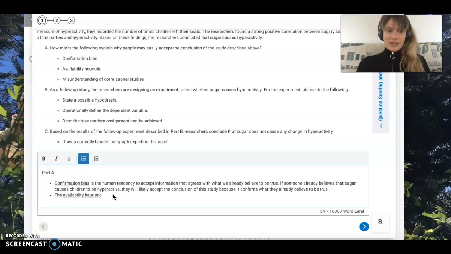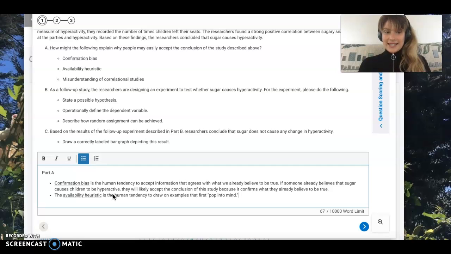So let's see if I can put that into words. The availability heuristic is the human tendency to draw on examples that first pop into mind. So information that is readily available, at the top of our mind, is going to be the example that we draw on to make a decision or to form a belief about the world.